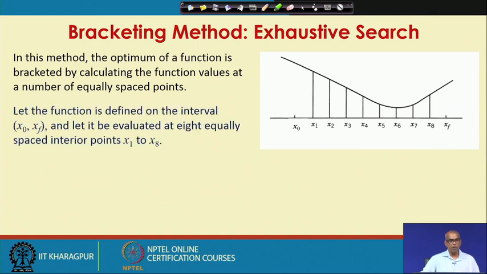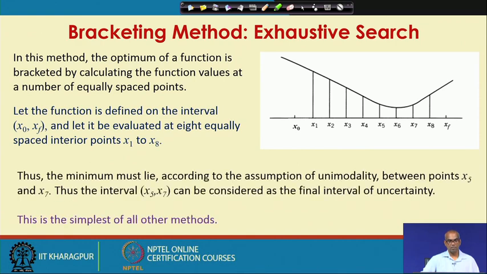Let the function be defined on the interval x0 to xf and let it be evaluated at 8 equally spaced interior points x1, x2, x3, x4, x5, x6, x7 and x8. The minimum must lie, according to the assumption of unimodality, between points x5 and x7.